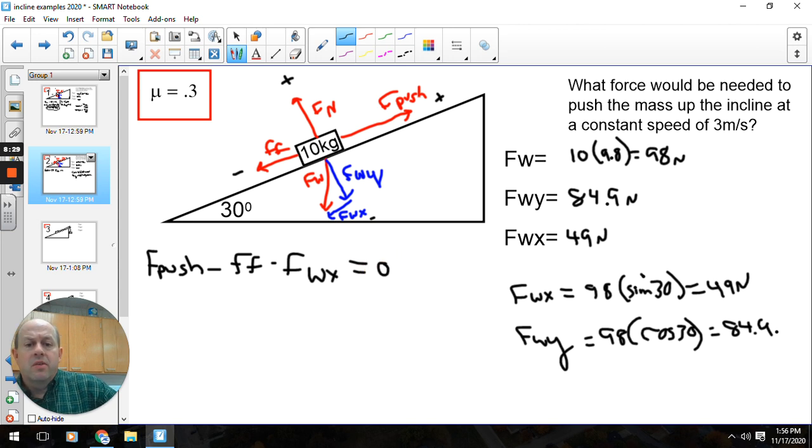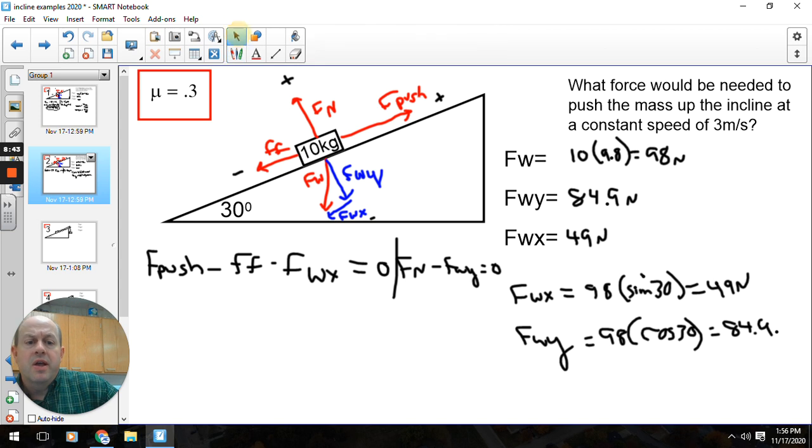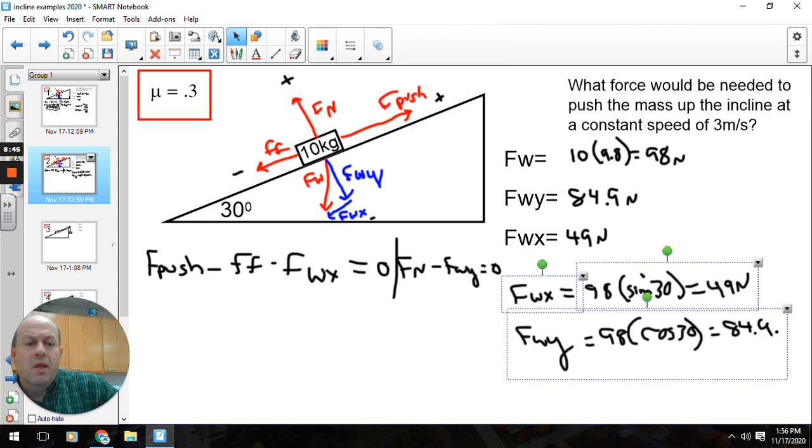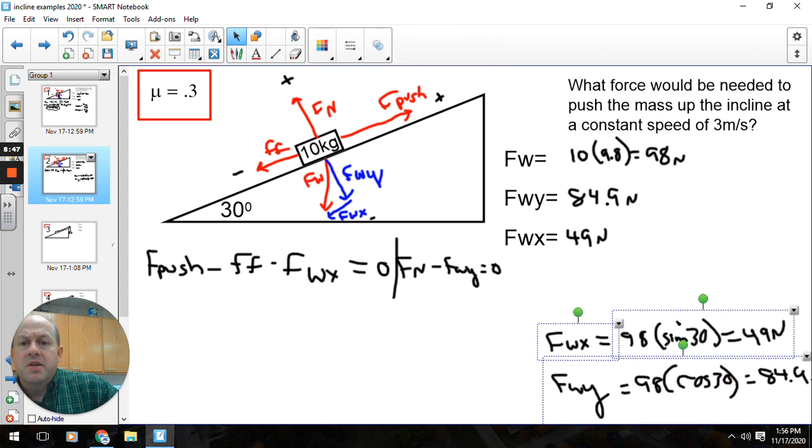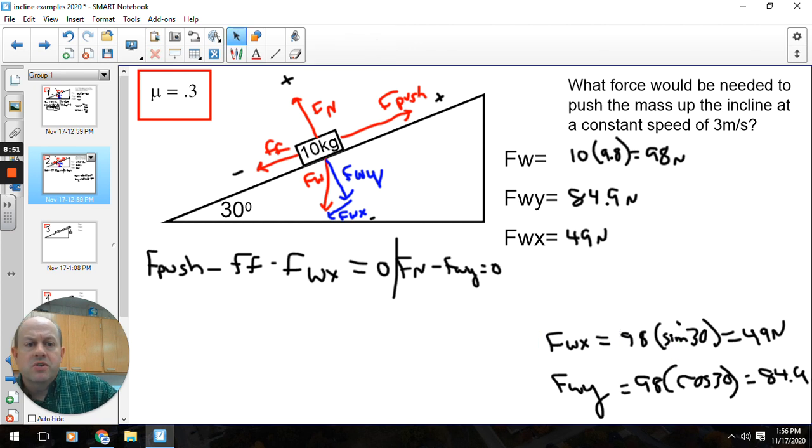Then the other one: our force normal minus our force weight y will equal 0, because we are not moving in this up-down direction. Okay, so those are our force equations.